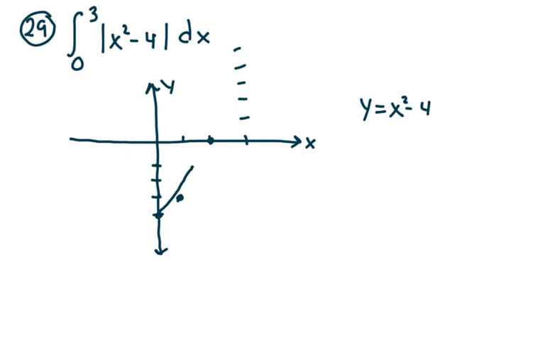So it's something like this. Right? But when you're dealing with the absolute value of x squared minus 4, it's a little bit different. So if you have y equals the absolute value of x squared minus 4, what's going on there?